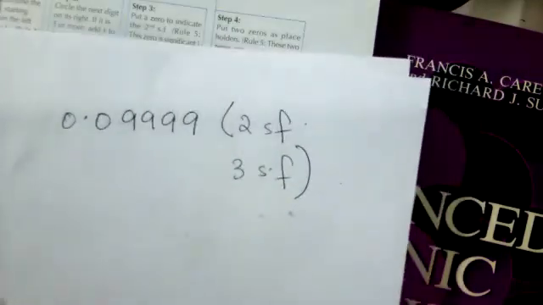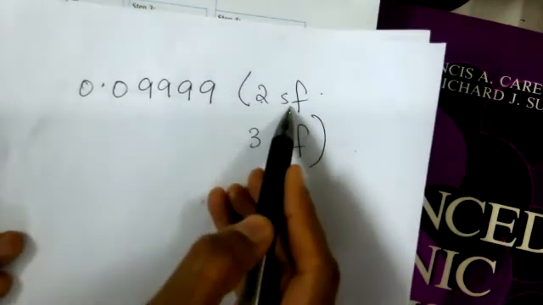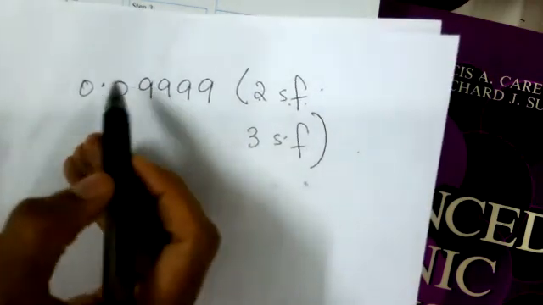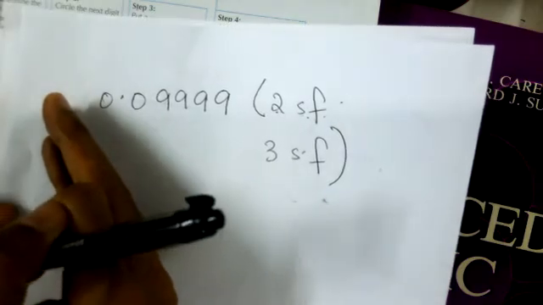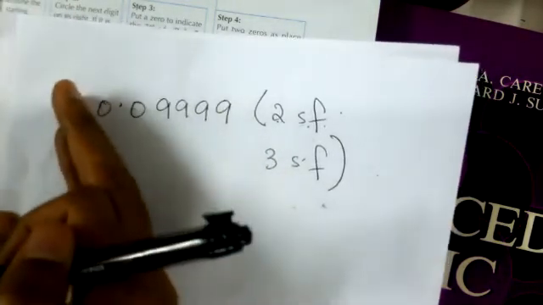Now, when they say round off to 2 significant figures, we are going to start counting from the left-hand side. Because why? Because I told you, higher the place value, more the significant. So we cannot omit the more significant digits.